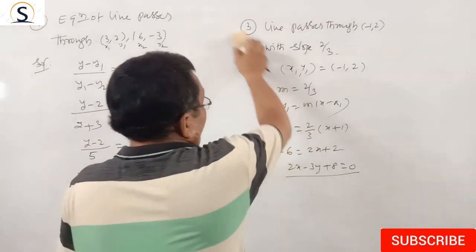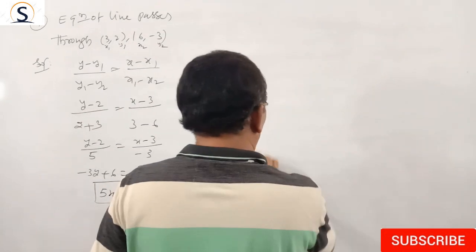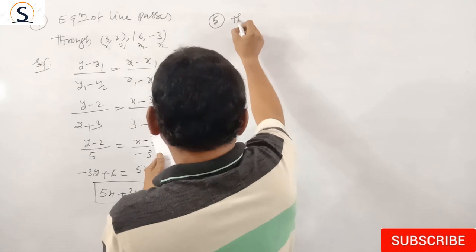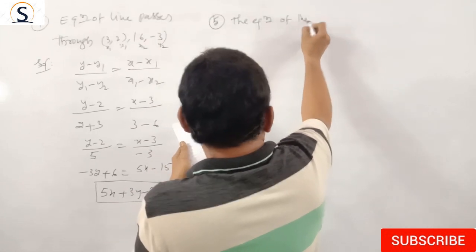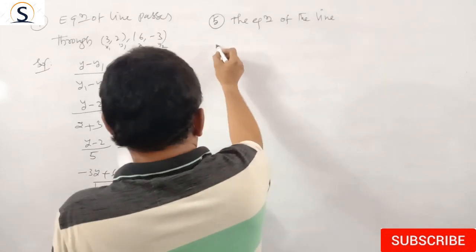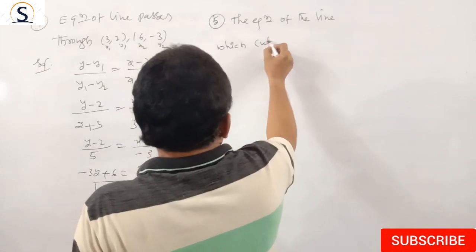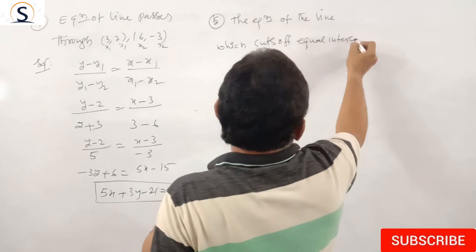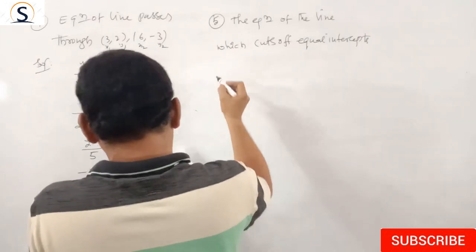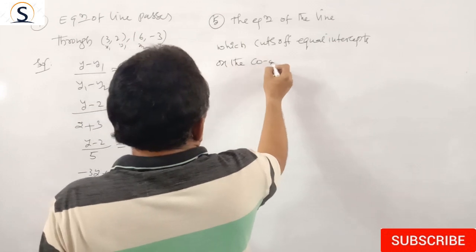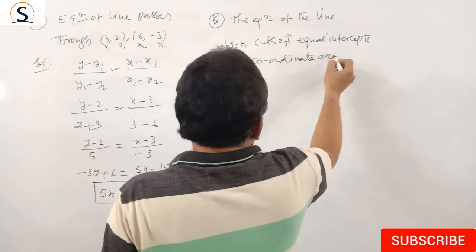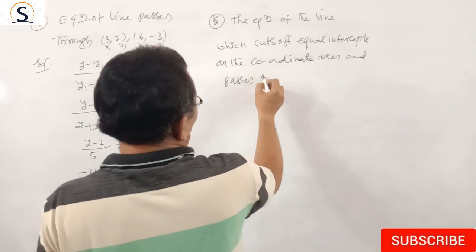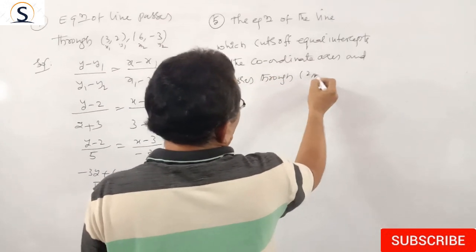Next, fifth problem. The equation of the line which cuts off equal intercepts on the coordinate axes and passes through the point 2, 3.